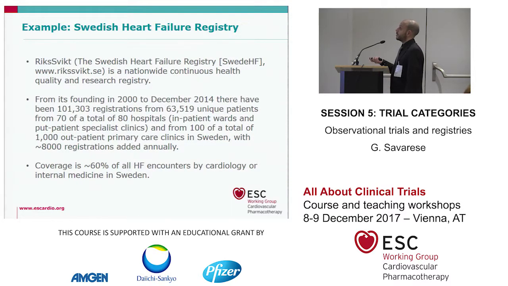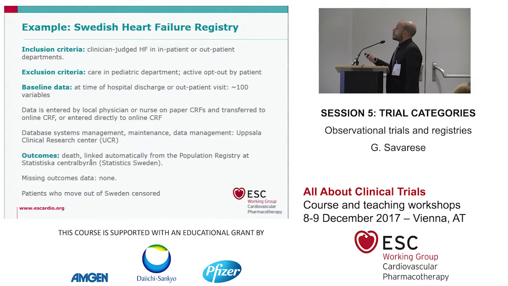It was founded in 2000, and at the moment we have around 70,000 patients. The coverage is 60% in Sweden. Actually, there is just one inclusion criterion for this registry. That's clinician-judged heart failure in inpatients or outpatients.